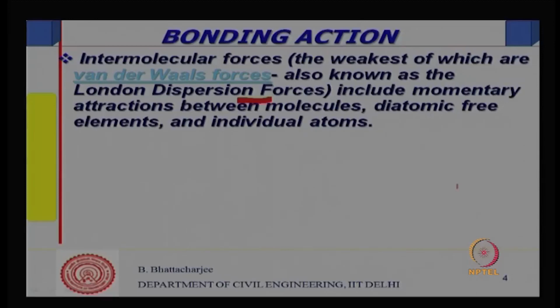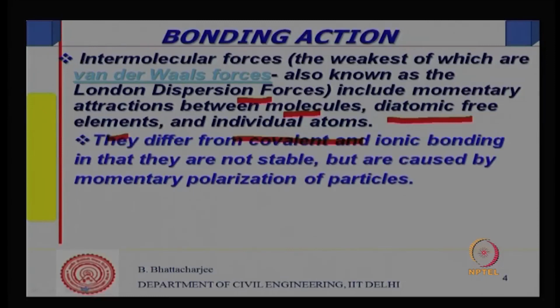Essentially, they include momentary attraction between molecules, diatomic free elements and individual atoms. So, that is momentary attractions, right. They essentially differ from covalent and ionic bonding, which are between atoms, whereby either charge transfer takes place or sharing of electrons takes place.